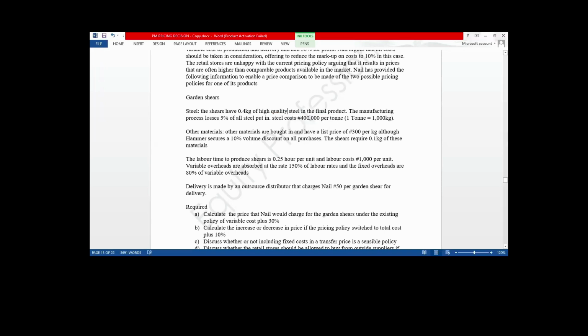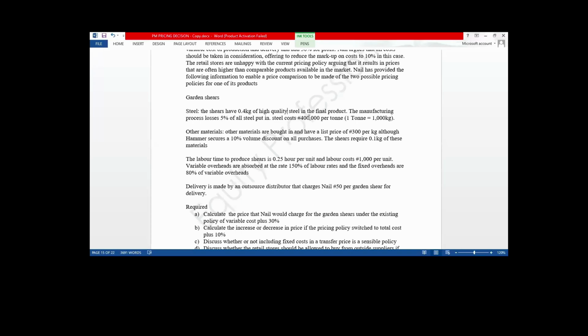That means to produce a spare, you are going to require 0.4 kg of a material called steel for the final product. Examiner now says the manufacturing process loss is 5%.